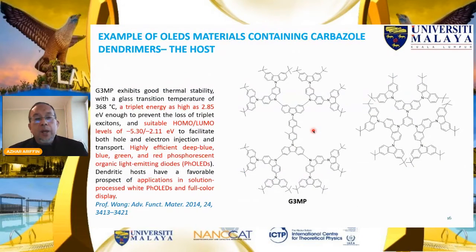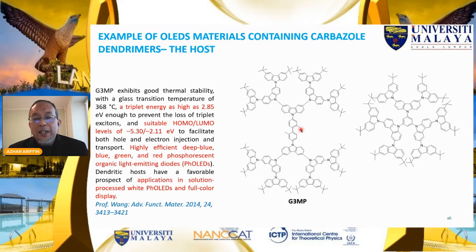So this is just one example of carbazole dendrimers in OLED studies. This molecule was synthesized by Professor Wang and published in 2014. This molecule actually scared us in 2014, because at the same time one of my PhD students was also working on this kind of molecule.